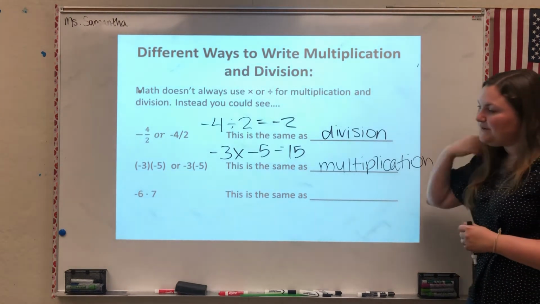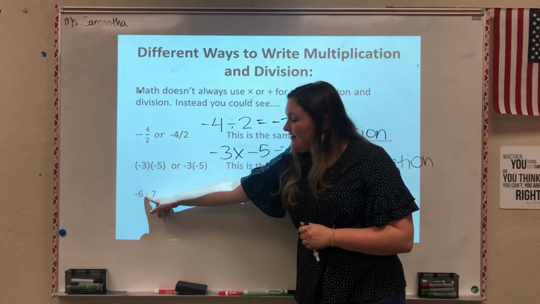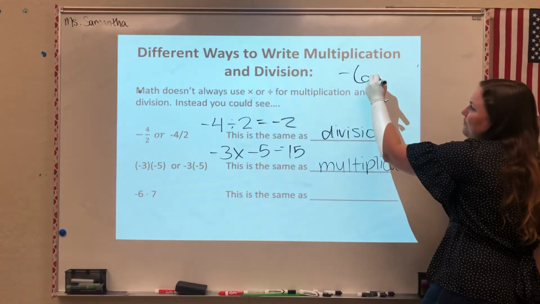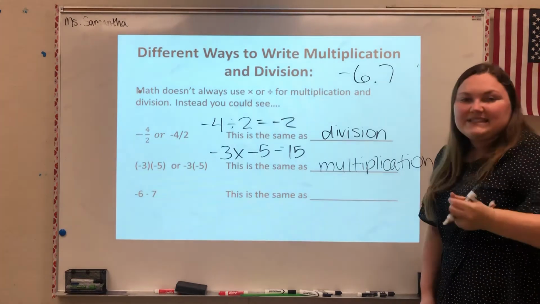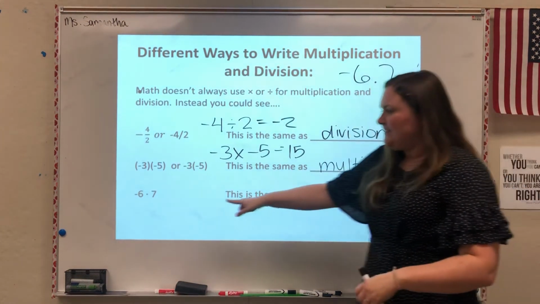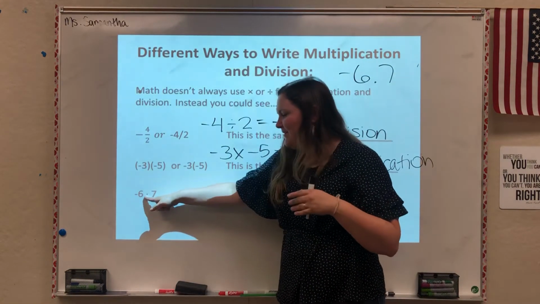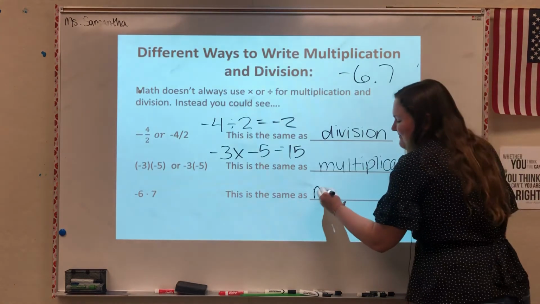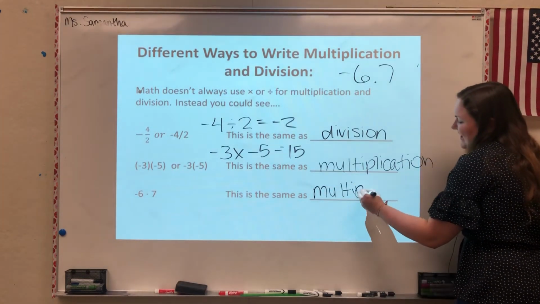The last one we've got is this little dot right here. Notice that's not a decimal. It's not -6.7. If it's a decimal point we're trying to use, it would be at the bottom of the numbers. This one's kind of in the middle of them. What does that little dot mean? It is the same thing as multiplication as well.